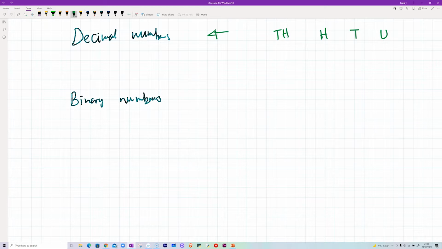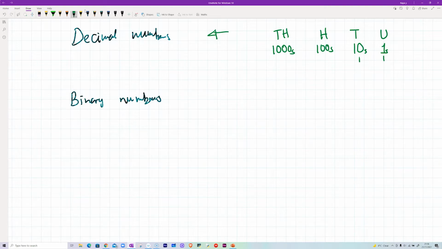Every time the number got to 10, it gets moved up here. There's no more tens. So for example, if you had the number 11, you will put 1 here, and the remainder, the units, is 1. So then you get 1, 1.